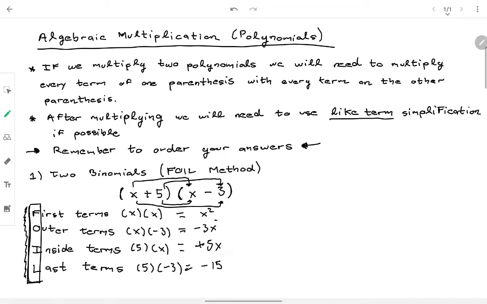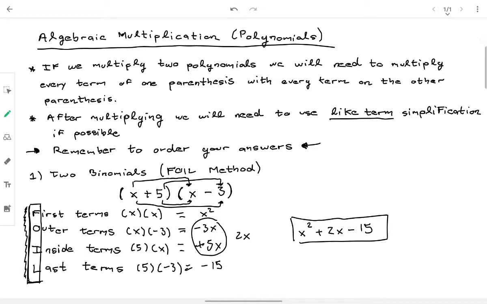We can do like term simplification with these ones. 5x minus 3x is only 2x. So our final and ordered answer will be x squared plus 2x minus 15. And that will be our multiplication of those two binomials.